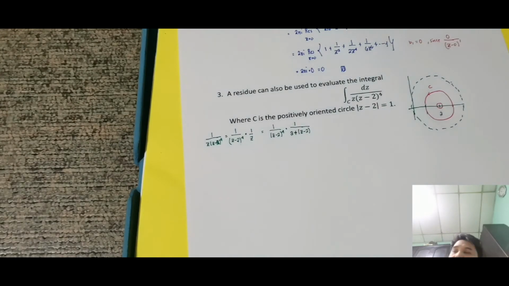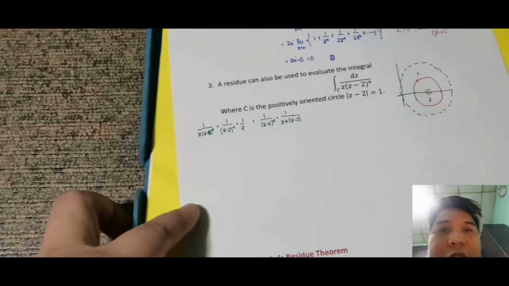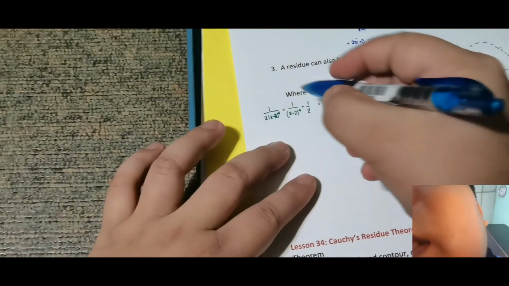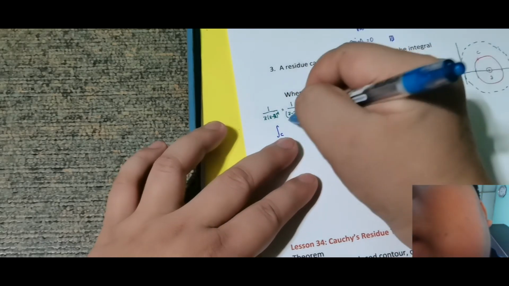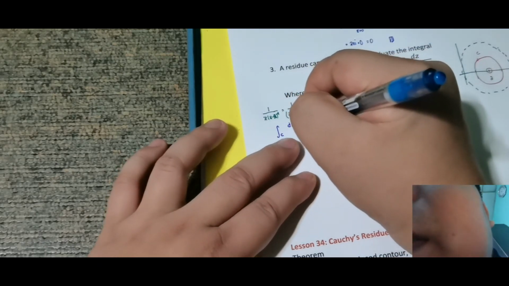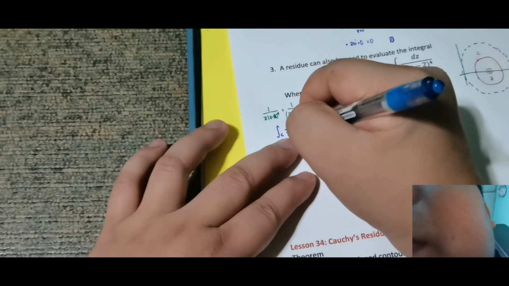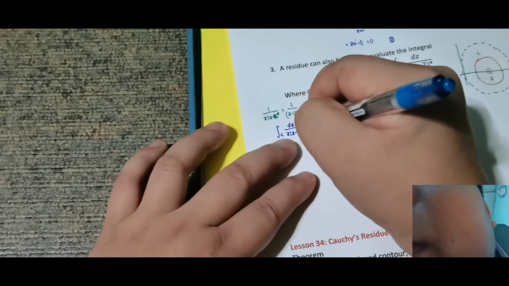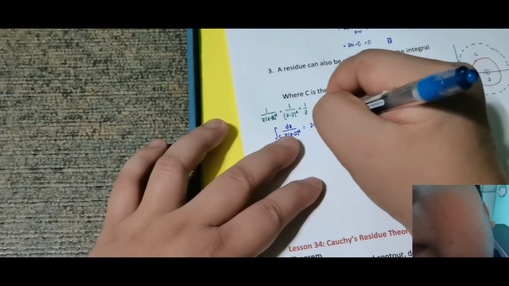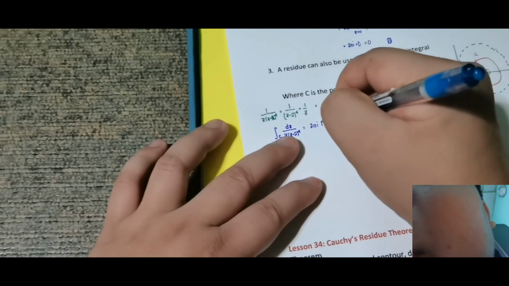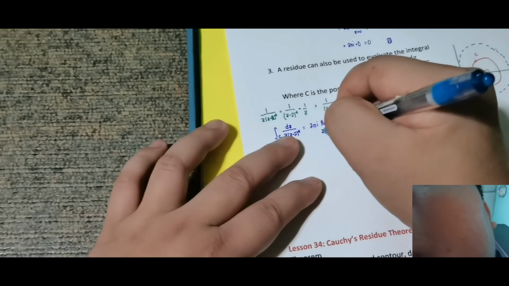Okay. So, I think ready na tayong hanapin yung kanyang Maclaurin series, yung kanyang Taylor series representation. So, solve na natin. The integral along the contour C of dz over z minus 2 raised to 4 is equal to 2 pi i times the residue for z is equal to 2.